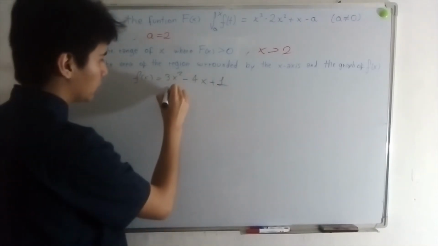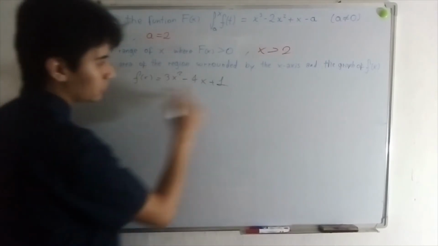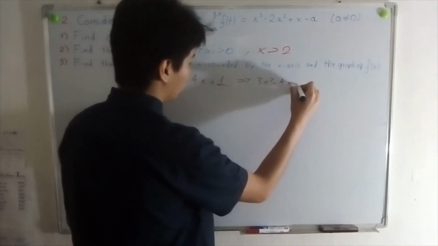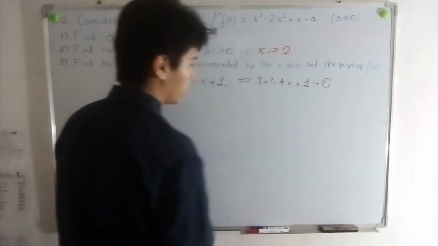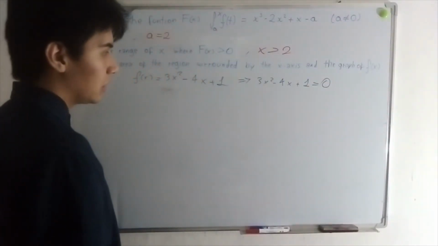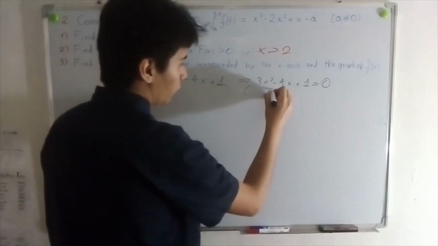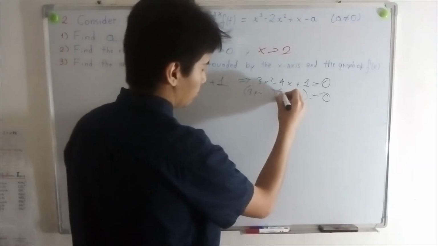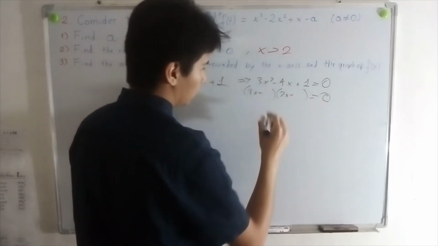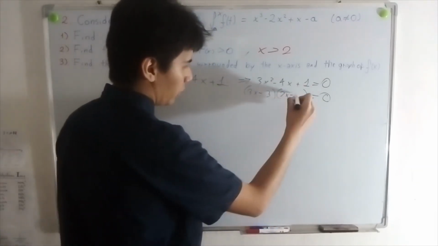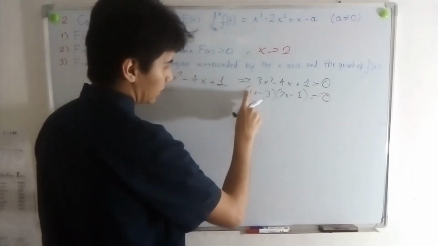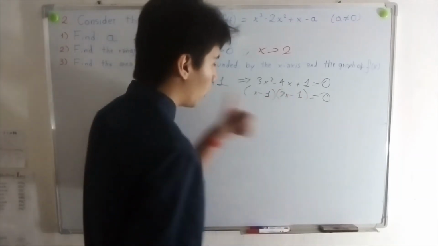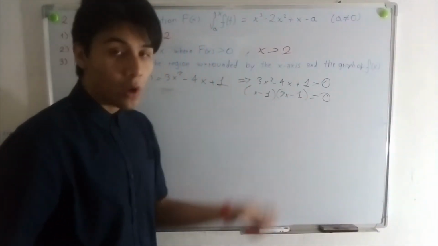Let's factorize. That is x minus 1 times 3x minus 1.